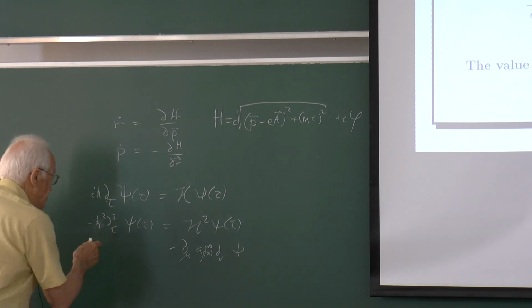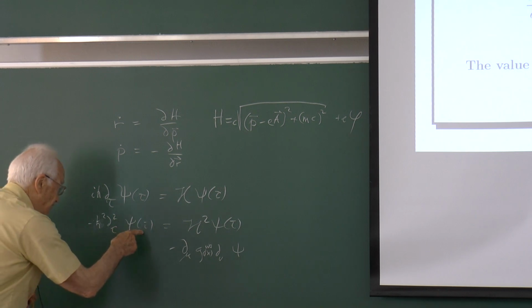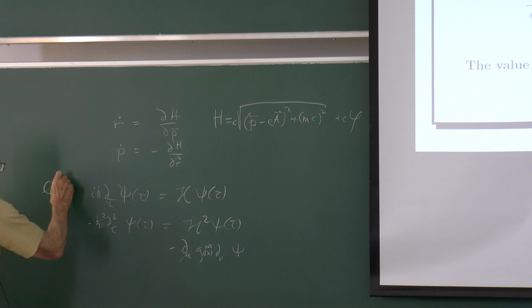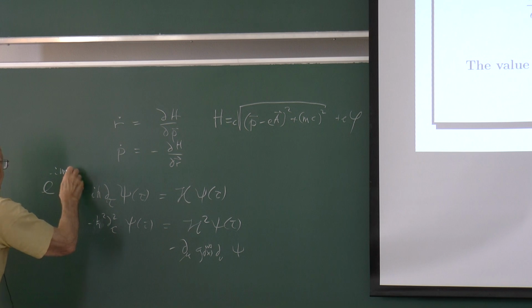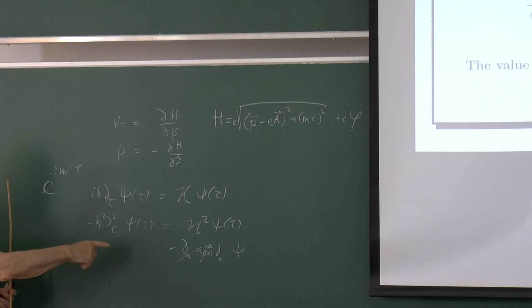If I now assume that my function psi is stationary in the tau parameter, that is, it depends on tau through e to the minus i m c squared tau, then I get the Klein-Gordon equation as I should.